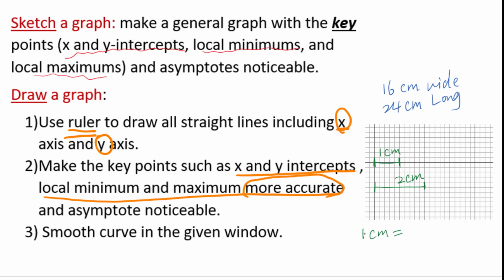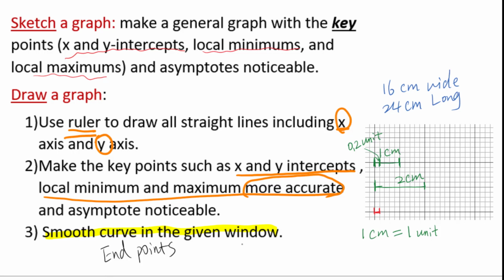If we use 1 centimeter to represent 1 unit, this small unit stands for 0.2 unit. When you draw a graph, you have to calculate this small unit. Also, drawing a graph means that you have to draw a smooth curve in the given window, which means you have to figure out the end points.